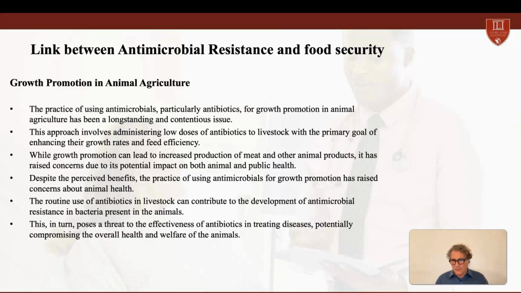So, first of all, we need an approach, because the growth of animal agriculture is extremely important to guarantee food security, but at the same time, it's very important that we develop technology to control and prevent disease using exactly the right amount of antibiotics, without exaggerating the use.